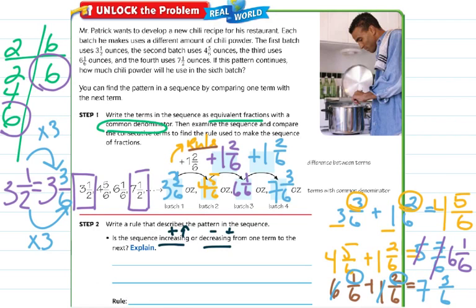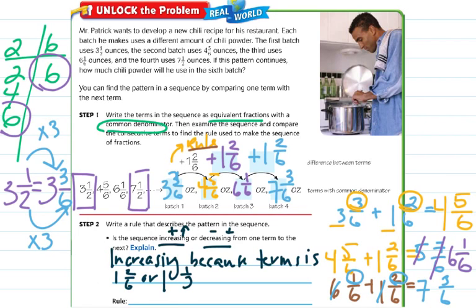So what we can say is it is increasing because each term is 1 and 2/6, or we can say in simplest form, 1 and 1/3 greater than the term before.